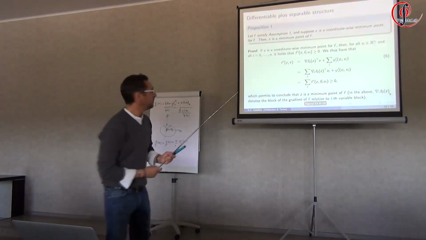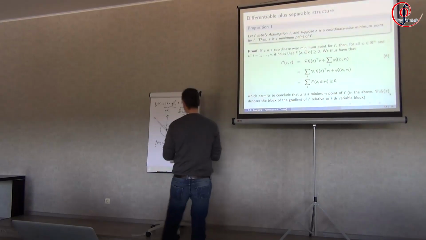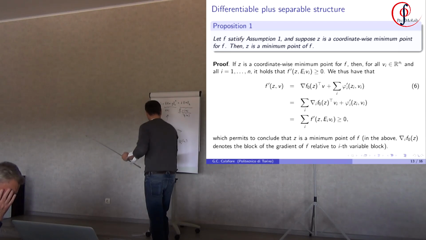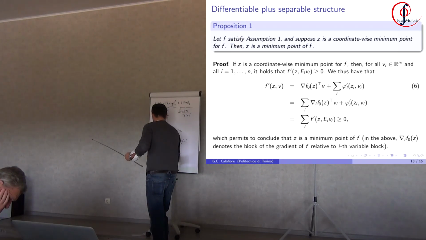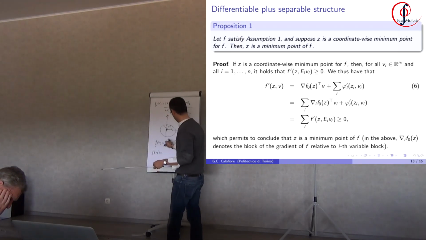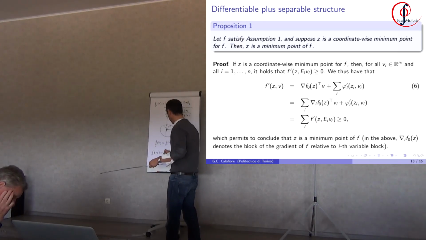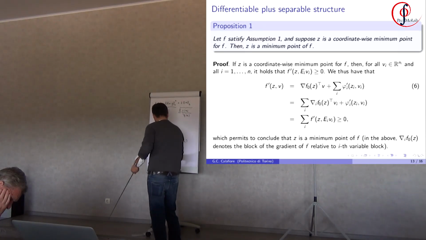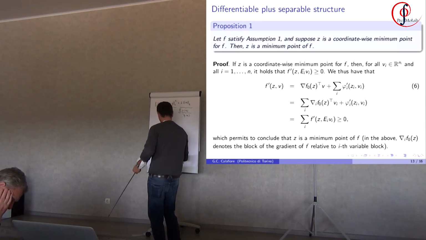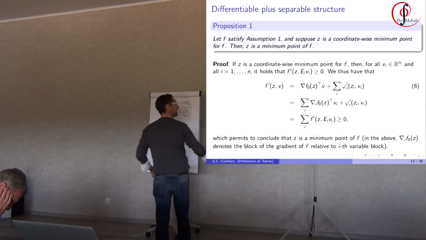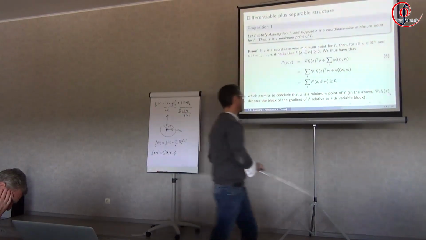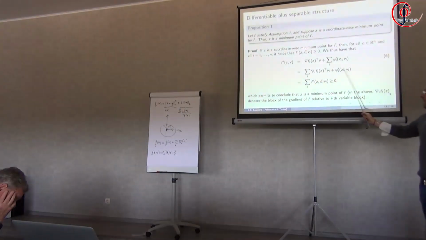So if we take the directional derivative of f at z along v, we have a summation, so we have to take the directional derivative of f0, and this is just the gradient of f0 in z times v, the inner product, plus the summation of the directional derivatives of those other terms.